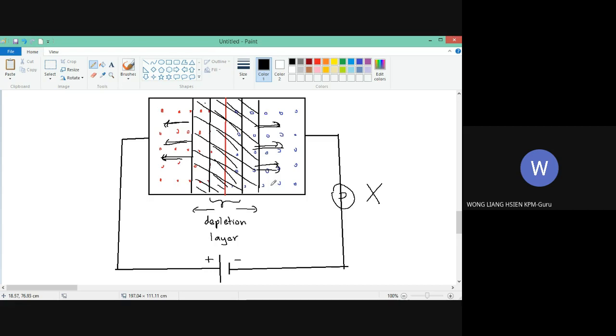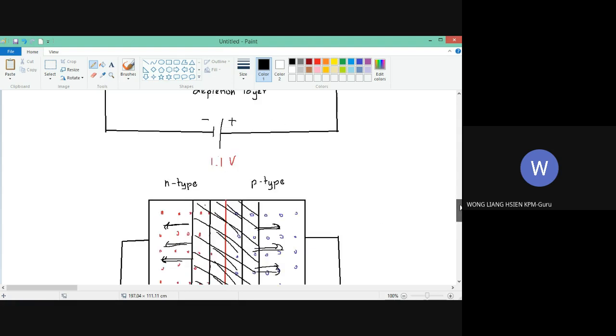So what we have here is a diode, because it only allows current to flow in one direction only.